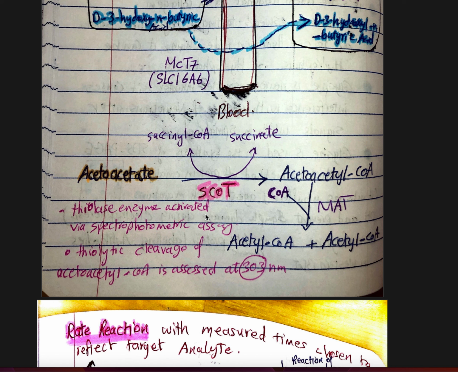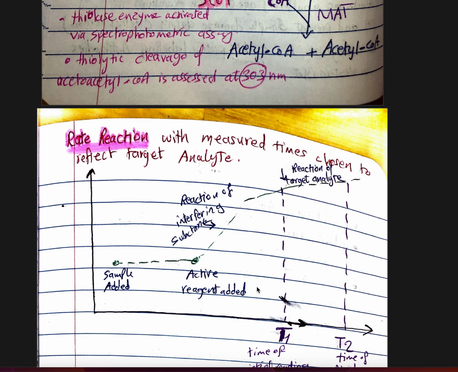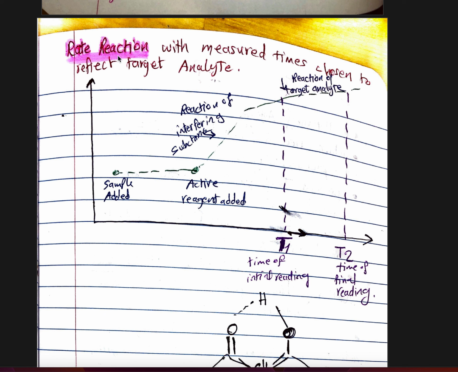Thiolase enzyme activity is measured via a spectrophotometric assay. We are talking about the SCOT. Thiolytic cleavage of acetoacetyl coenzyme A is assessed at 303 nanometers. And now we talk about the rate reactions, which measure the time chosen to reflect the target analyte.